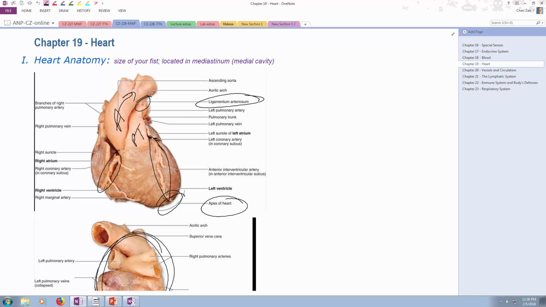So the ligamentum arteriosum is typically where the pulmonary trunk separates into the right pulmonary artery and the left pulmonary arteries. And we know these are arteries because they're taking blood away from the heart. So right pulmonary arteries going to your right lungs, left pulmonary arteries going to your left lungs.